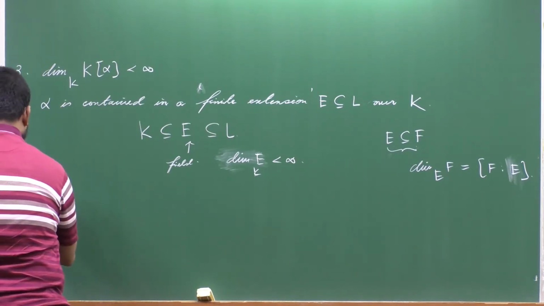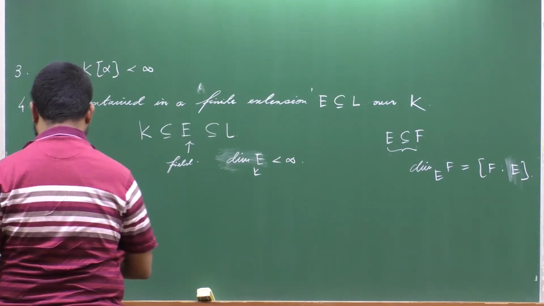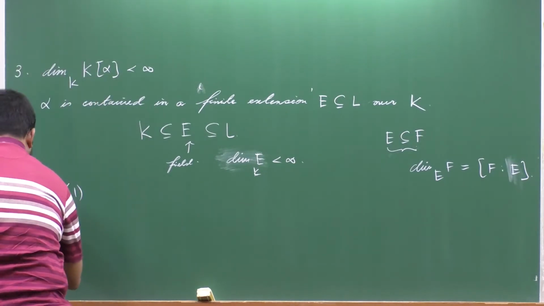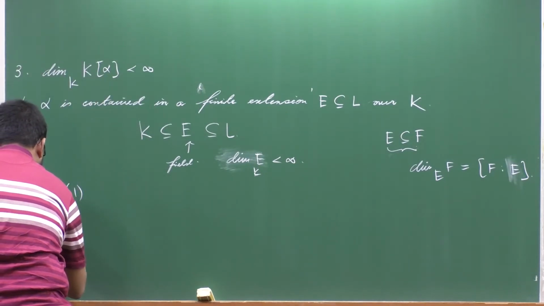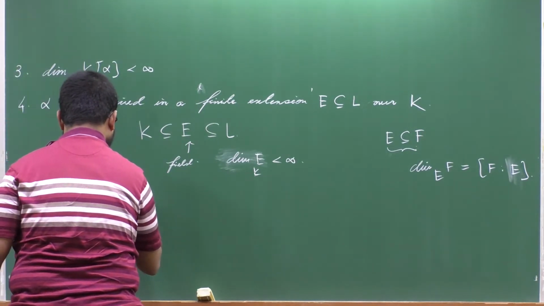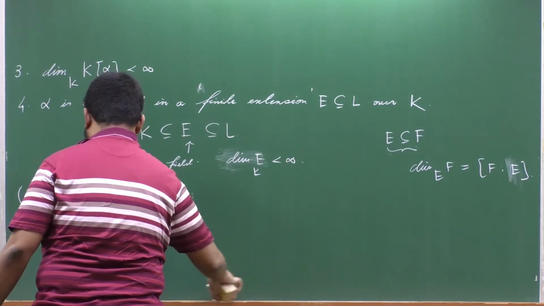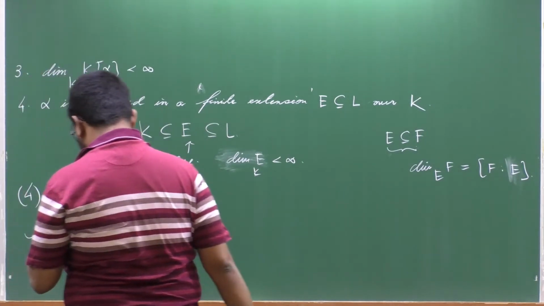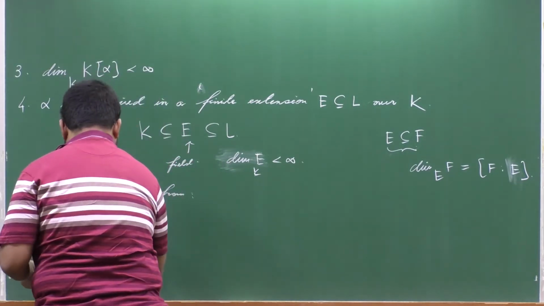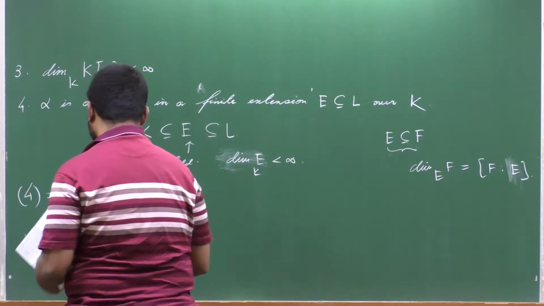So 4 to 1 follows from a more general observation which we should record as a proposition. Let me make it much more formal.